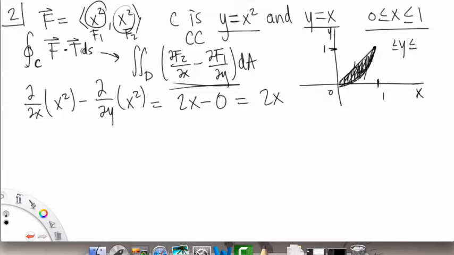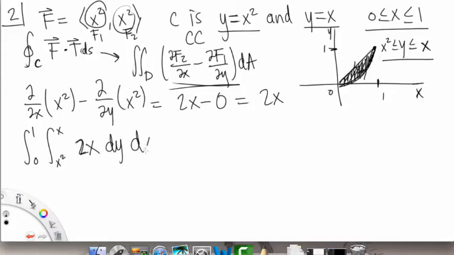On the bottom, y can't go below x squared, and it can't go above the line y equals x. So now we can set up our double integral: x going from 0 to 1, and y going from x squared up to x. Our integrand is 2x, with dy in the inner integral and dx outside.